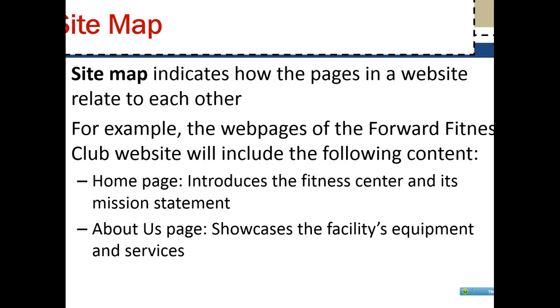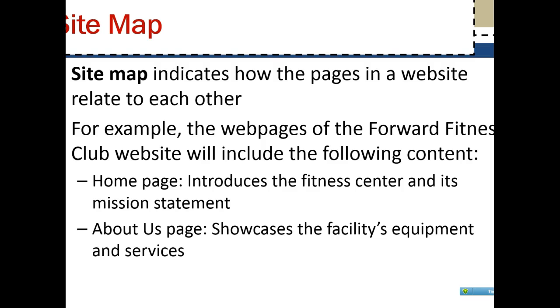We talk about the sitemap. As you may recall from a previous chapter, a sitemap can indicate how the pages in a website relate to each other. To create something like a sitemap, we have to first know how many pages we want in our website.